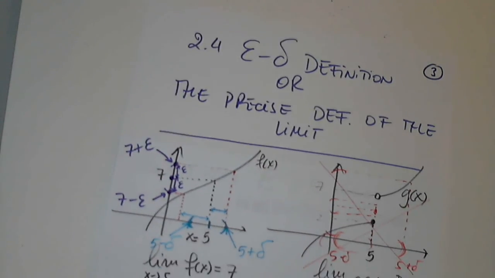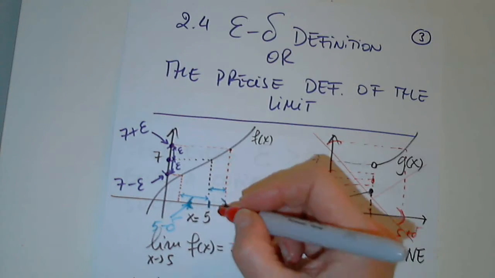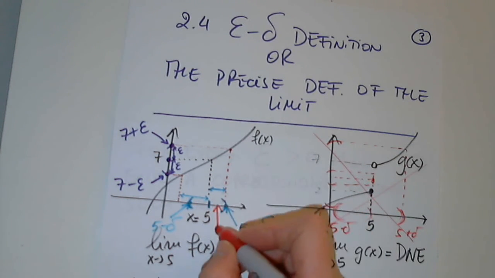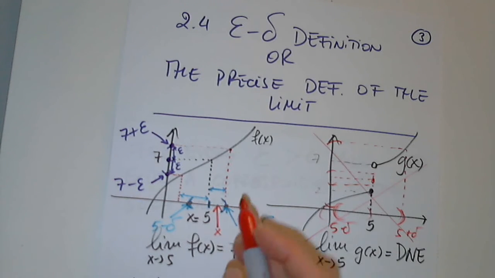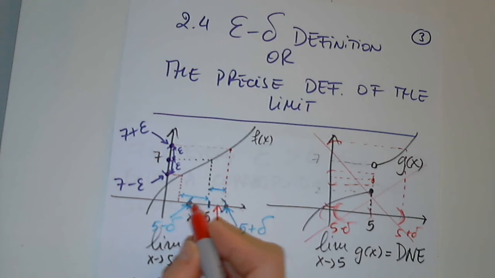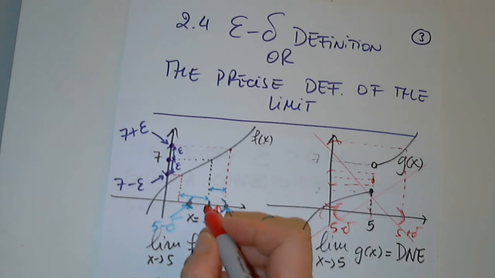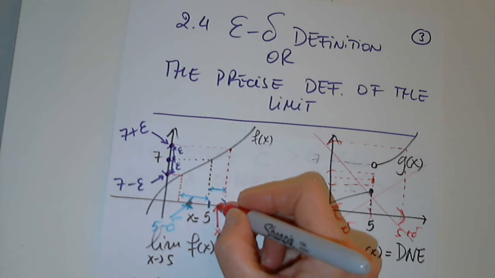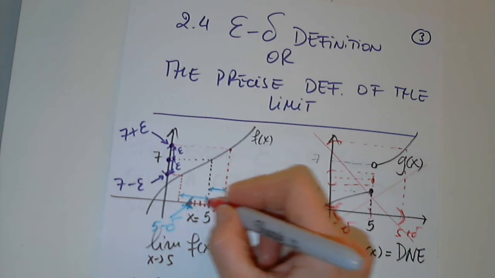Would you agree that now, since for this epsilon I determine this delta, if I pick x here, or anywhere between this point and this point, anywhere, not outside, but anywhere between 5 minus delta and 5 plus delta, if I pick not 5, because remember x is not 5. So I can pick x here, or here, or here, or anywhere you want in this interval.